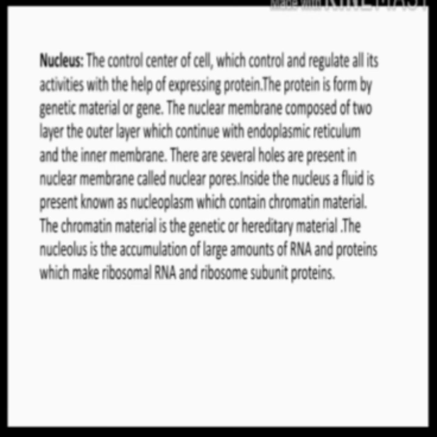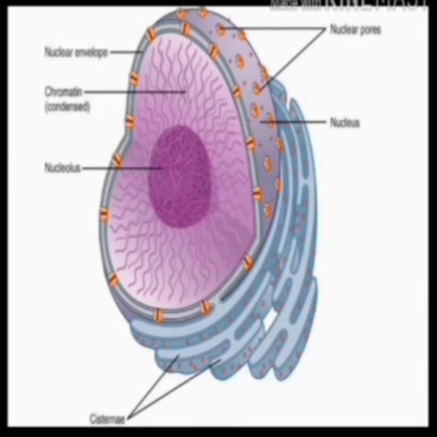Structurally, the nucleus is composed of two layers, the outer layer and the inner layer. The outer layer is a continuation of the rough endoplasmic reticulum. In this figure, here is the rough endoplasmic reticulum, and the outer layer is continuous with it, and the inner layer is also present that surrounds the nucleus inside.